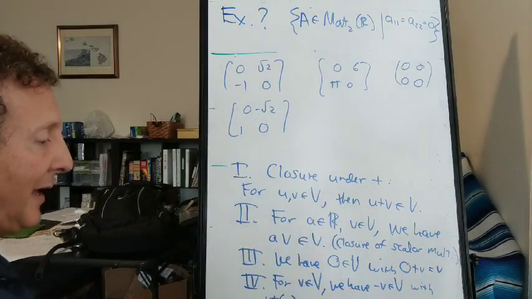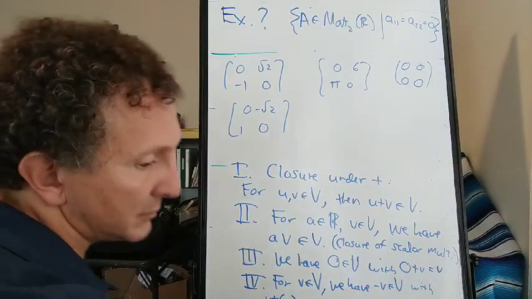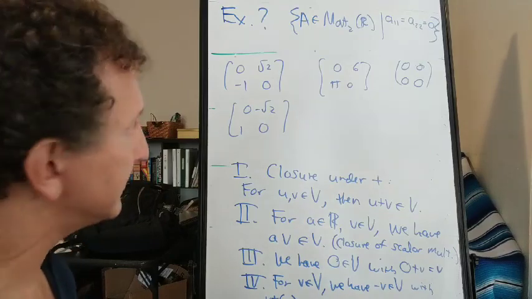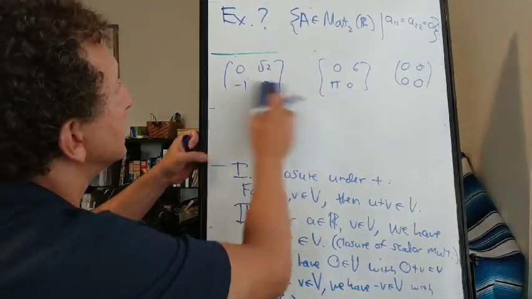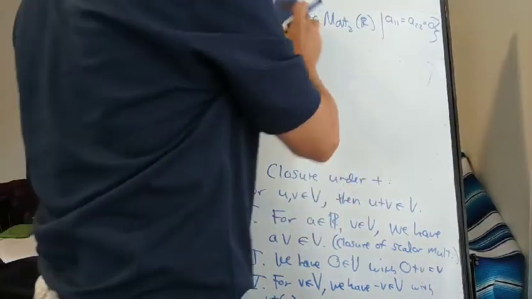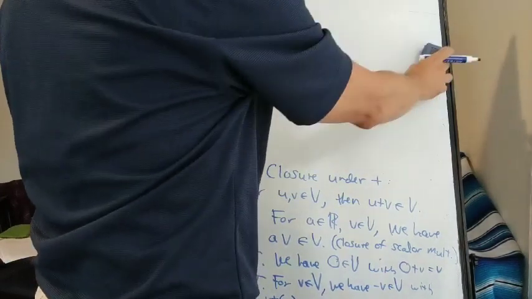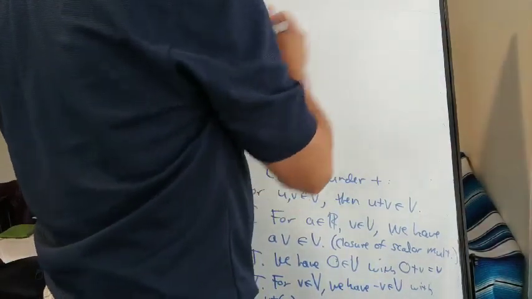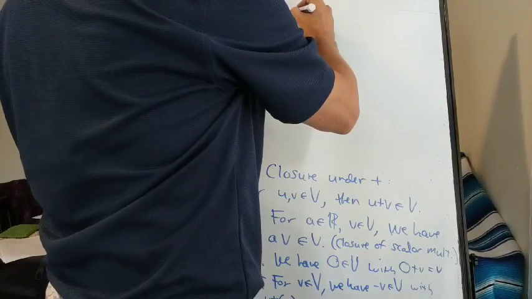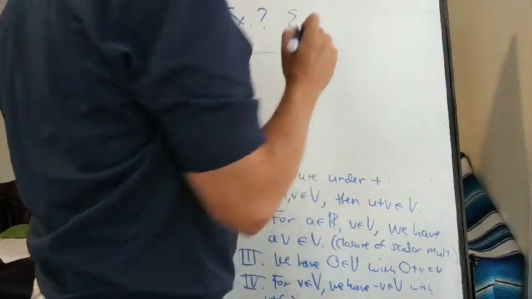So we do have additive inverses. So that was a vector space.